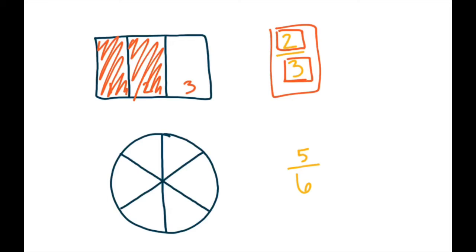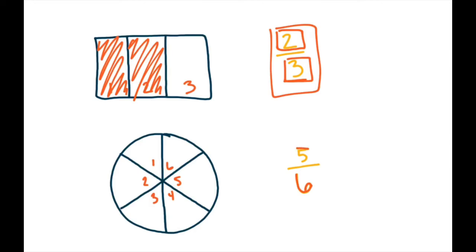Our next example is 5/6. Let's make sure that we have 6 parts to make up this whole, because that is what my denominator is. 1, 2, 3, 4, 5, 6. There are 6 parts on my picture fraction, and there are 6 parts that make up the whole in my number fraction. Now, how many parts need to be shaded in?